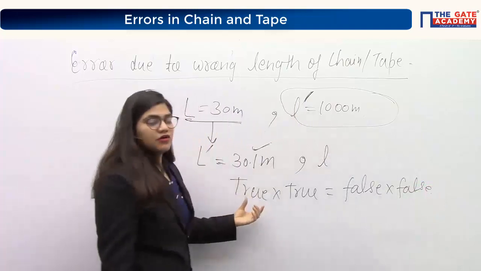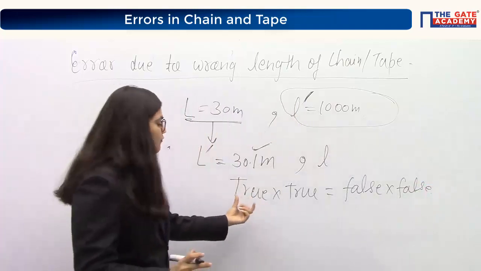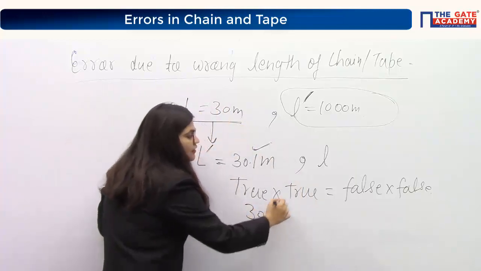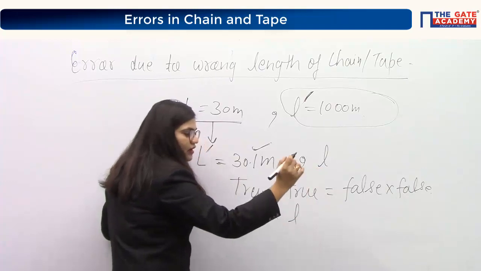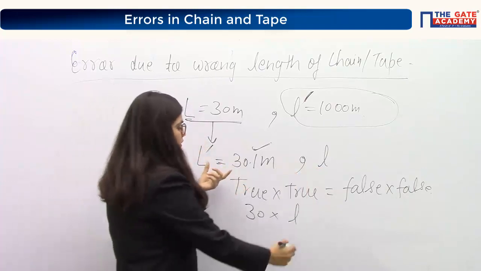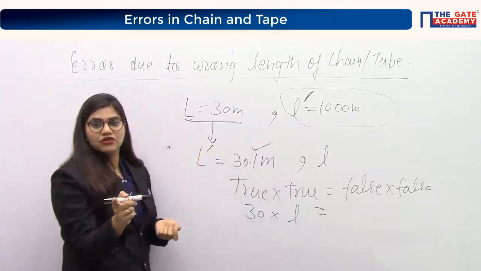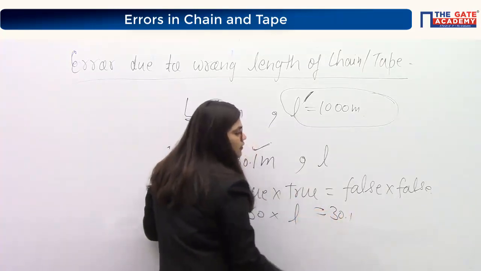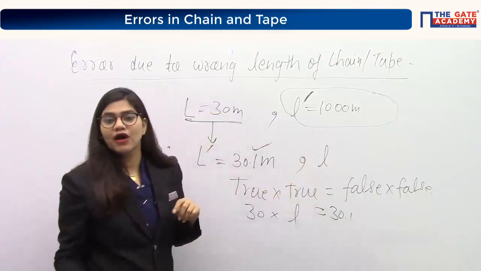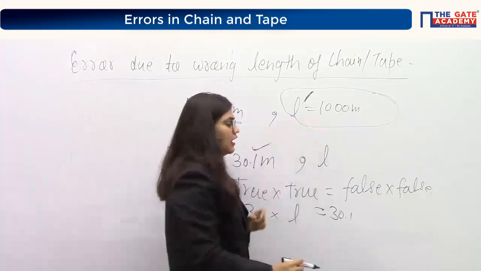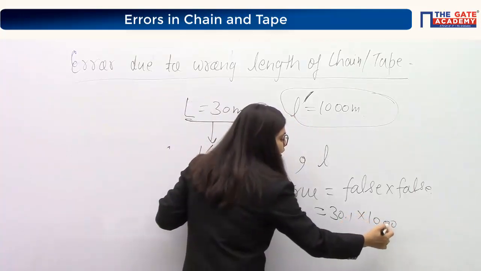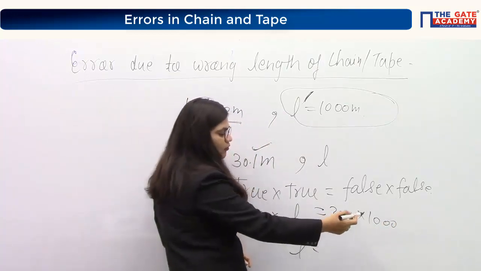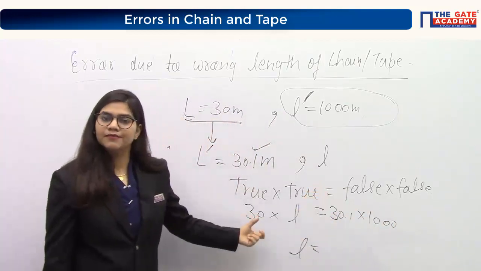Okay, it means whatever the true reading will come this side: the true reading is your 30 meter and the true length that you have to calculate, and the false reading is this capital L dash, which is actual on ground, that is your 30.1, and the false measurement that you have done in the field, that is your 1000. Okay, so now can you calculate the true one? You can directly calculate the true one: 30.1 into 1000 divided by 30.